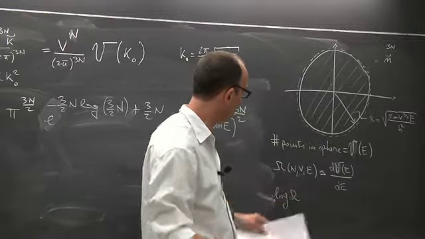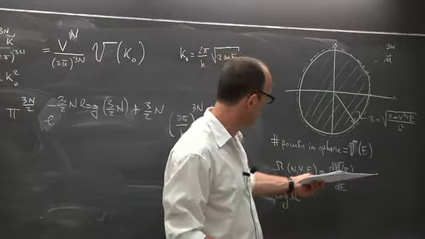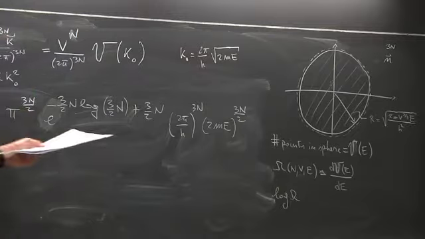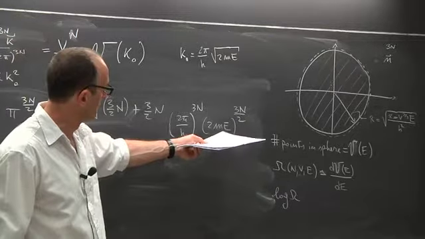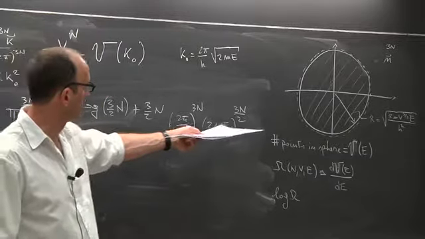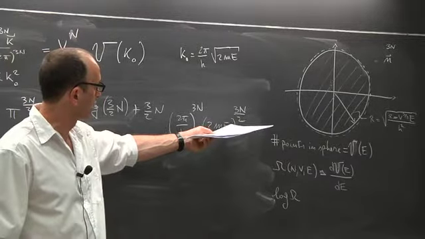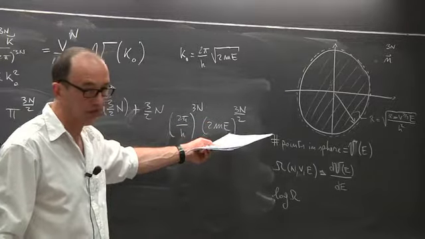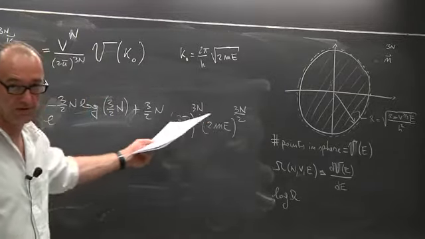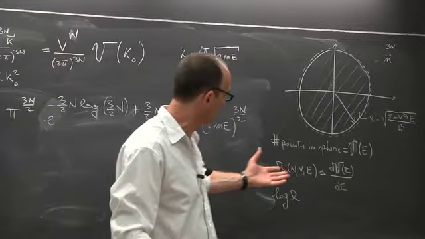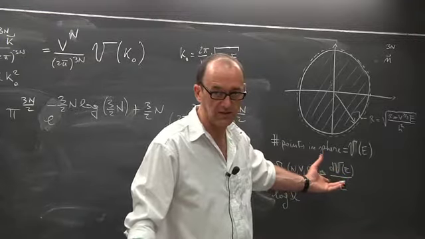Okay, so you see, if I take the derivative of this with respect to the energy, it will essentially be proportional to 3n divided by E of this object. Okay, but this factor, when I take the log, is just a factor which does not depend on n.